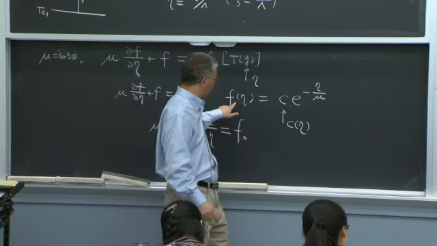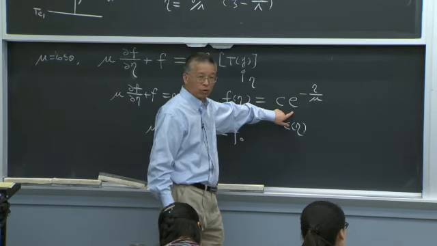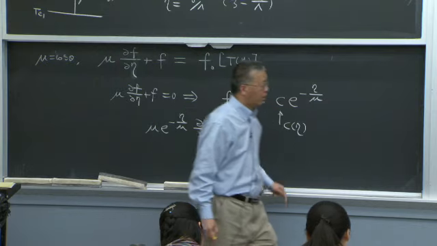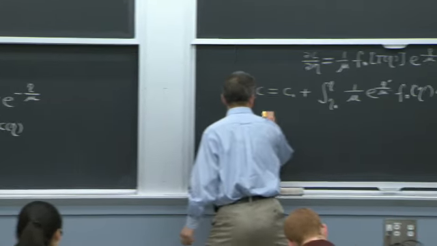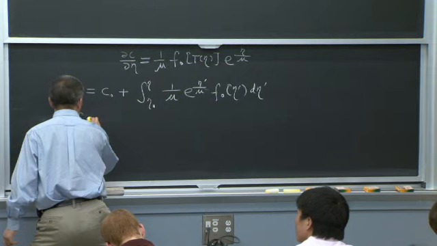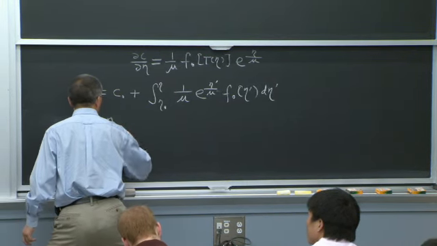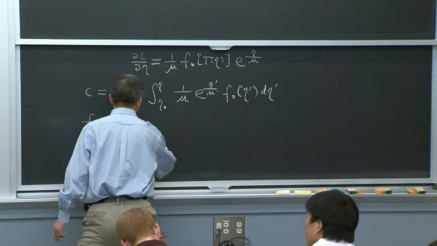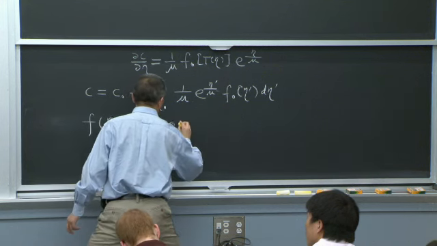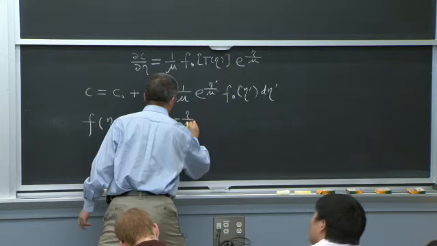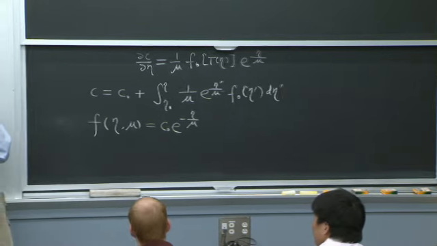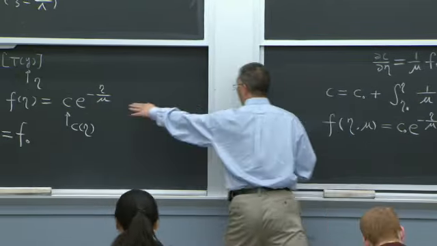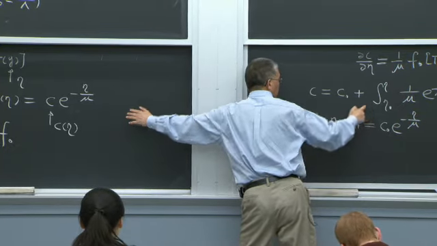And I combine this back into the original, my solution for f of eta, but it's also a function of mu, is C0 exponential minus eta over mu. That's this term. Now this term is also multiplied into this term.